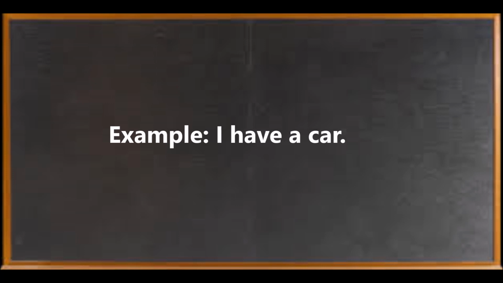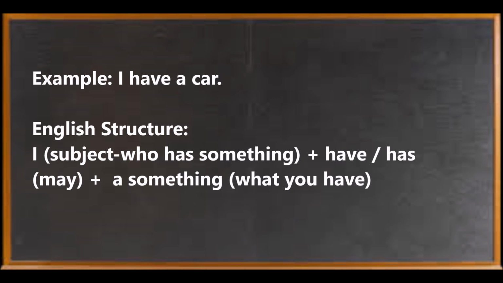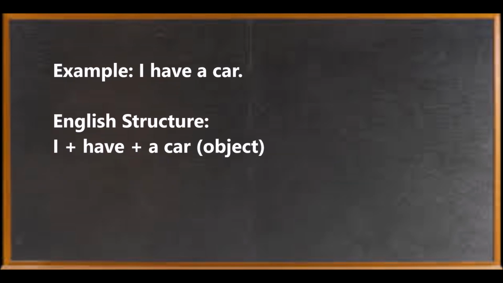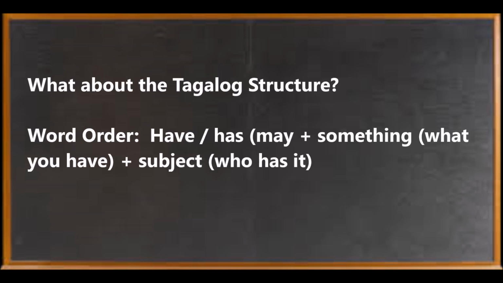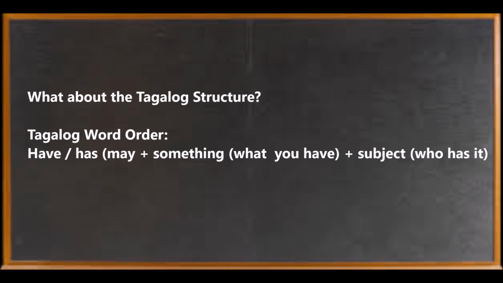In English, you begin the sentence with the subject because I is the subject. It is followed by have, and then by a car, which is the object. In Tagalog, the word order is have or has plus something and the subject.